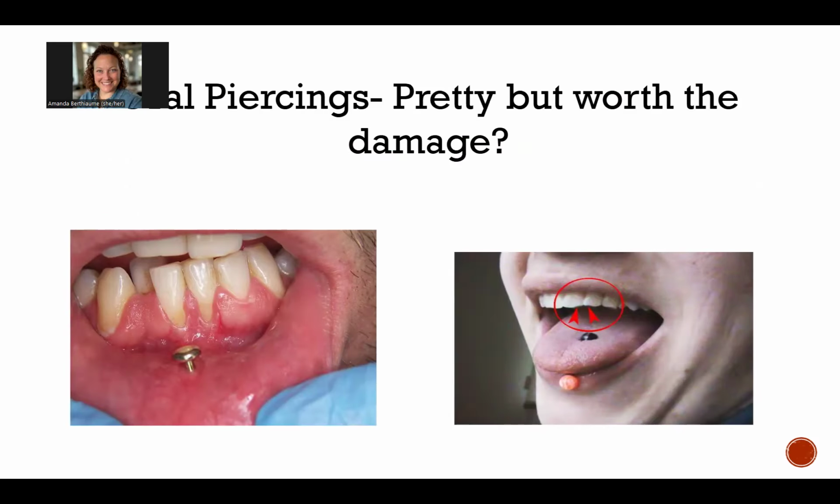Piercings, they can chip teeth. I've had my tongue pierced, my chin pierced, my lip pierced, all these things. And you can see the wear on the chin piercing there, the tissue at 24 and 25. Those teeth will get loose and come right out. Same thing with the tongue ring, chipping of the teeth. This was really cool back in the day.